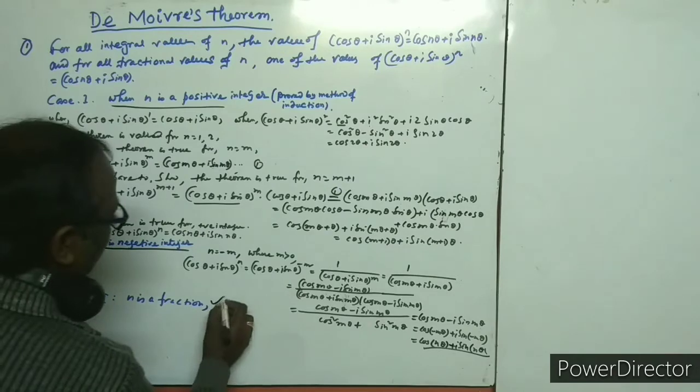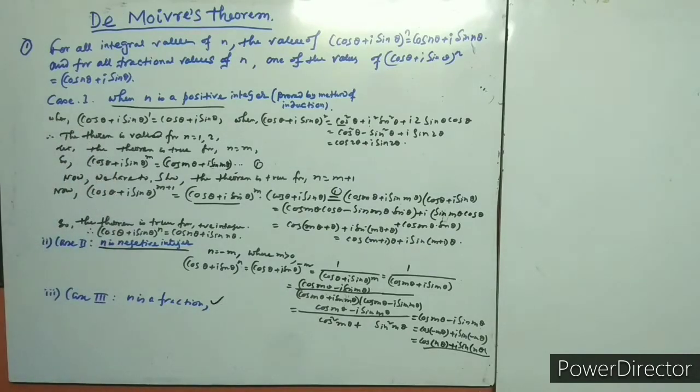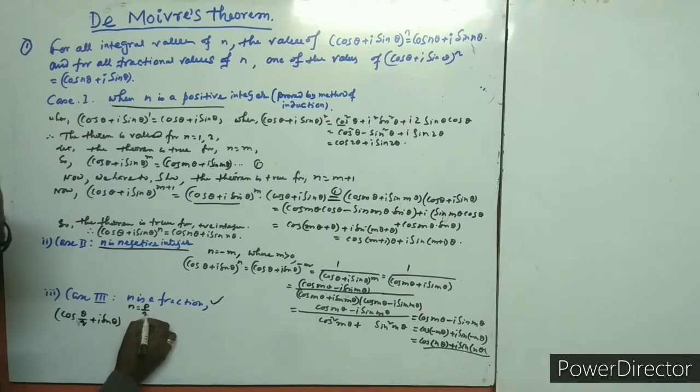And now we want to show the theorem is true for the fraction. So see here, we can write cos θ/q + i sin θ/q. Let p/q, and this is equal to, to the power q here.